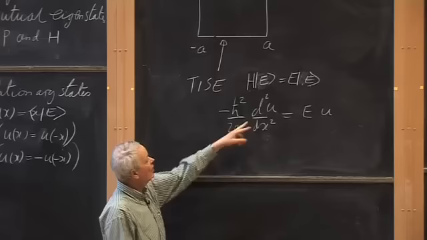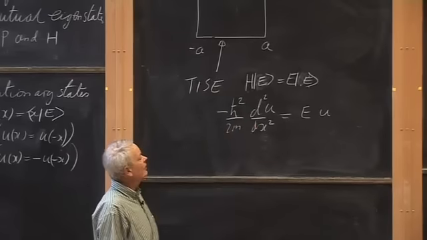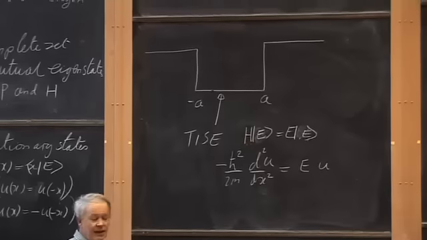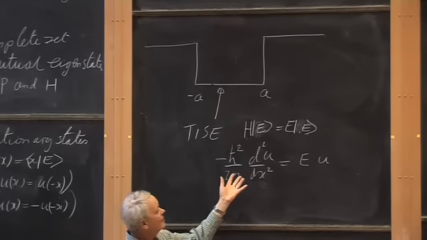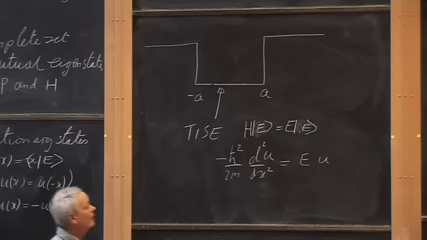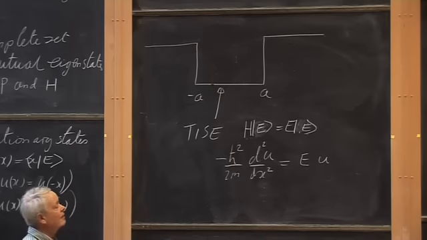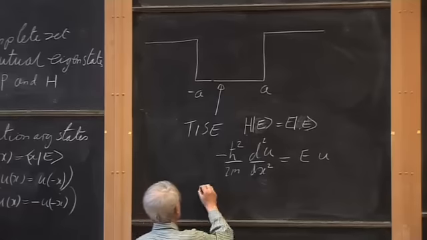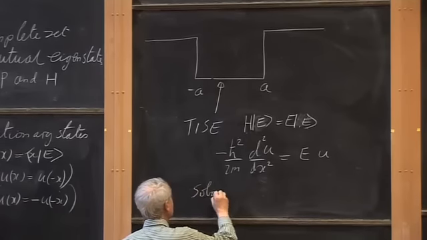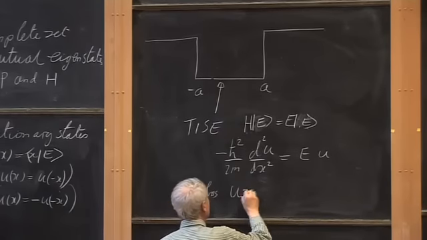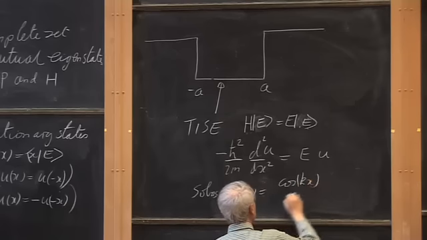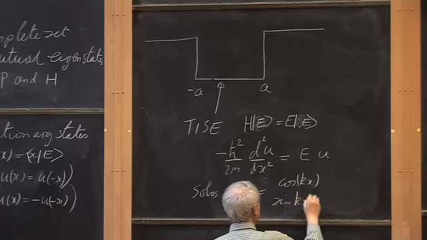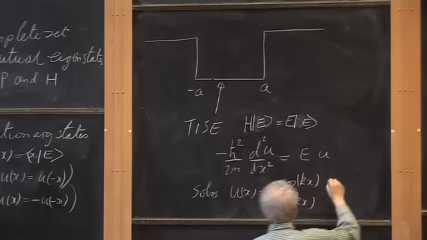It tells us, so we know that u is cos kx or u is sine kx, provides solutions of this equation. Cos kx is an even function, so that must be the solution belonging to an even parity state, and sine kx is an odd function of x, so it's an odd parity thing. So this has solutions u of x is equal to either cos kx or sine kx, depending on parity.